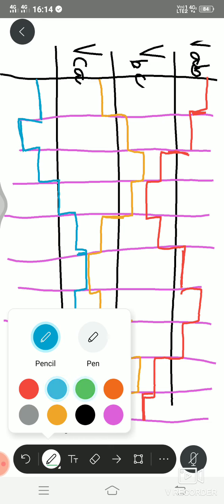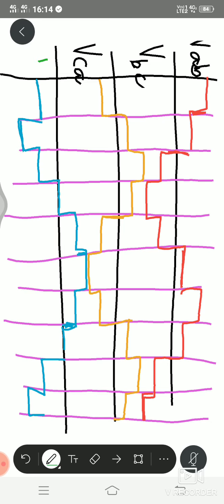So here you can do one thing. You can show the values so that you can understand. This is minus Vs by 2.